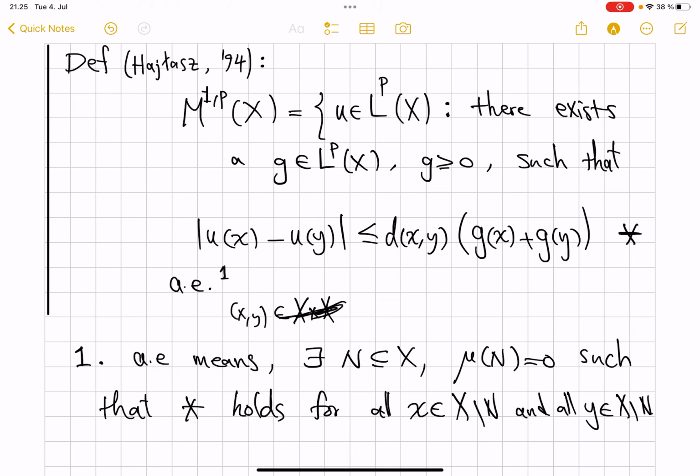So almost everywhere is simpler here. It's just a null set in the original X. Once you don't pick either of x or y from that set, you have the inequality.